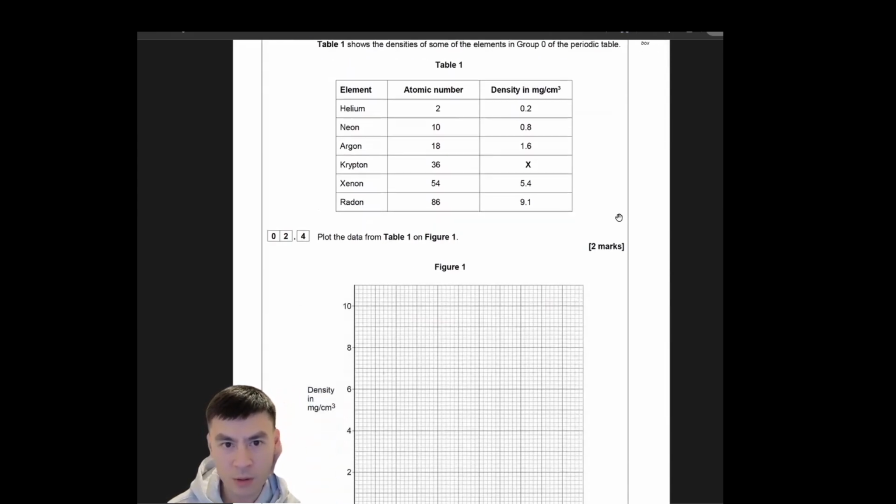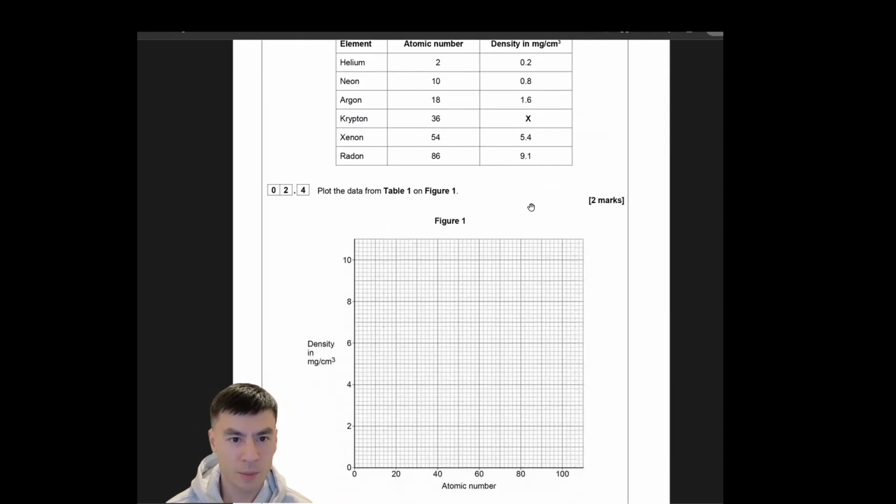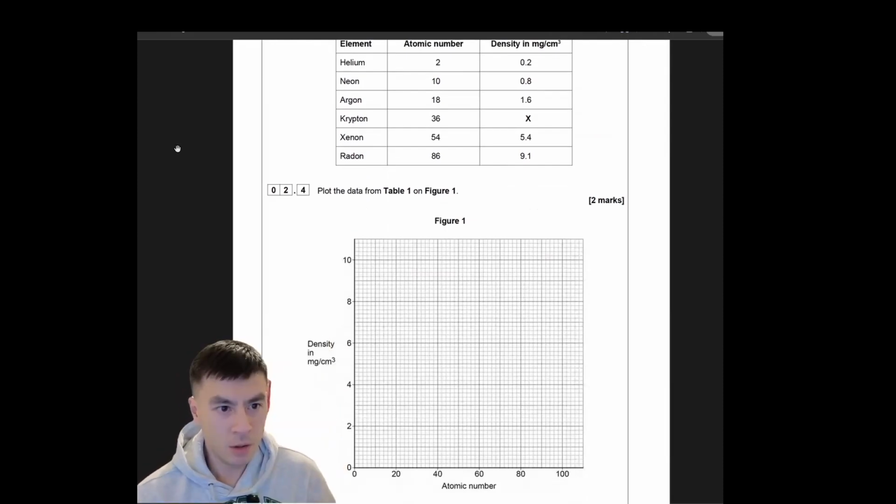OK 呢個 question 係叫咩？Table 1 shows the densities of some of the elements of group 0. Okay, so we've got group 0, atomic number 同埋 density. 跟住就 plot the data from table 1 onto figure 1.